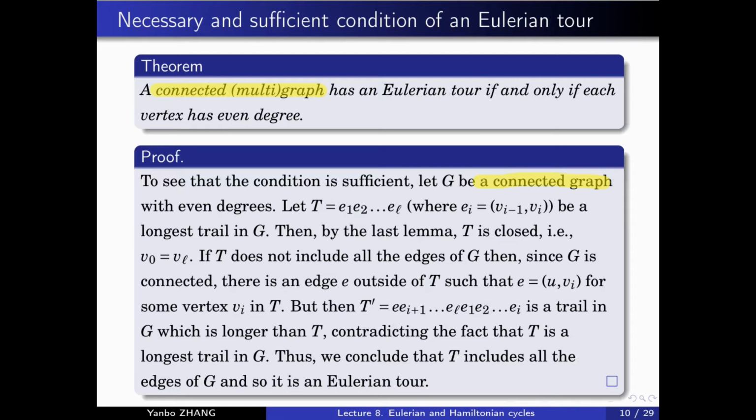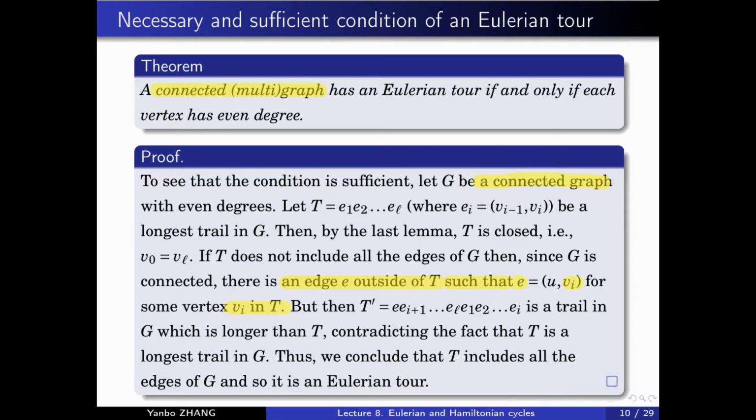We can always find an edge E outside of T, because G is connected, so we can always find an edge E outside of T such that E has an end in T. Because T is a closed trio, T can be viewed as a trio starting at Vi and ending at Vi.